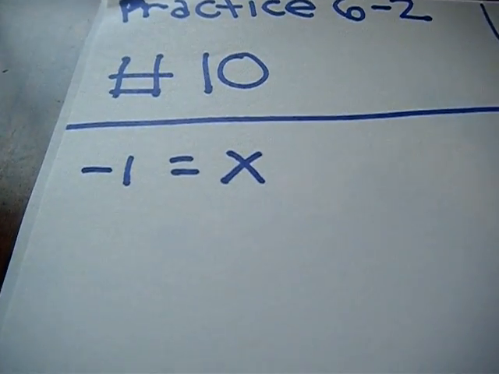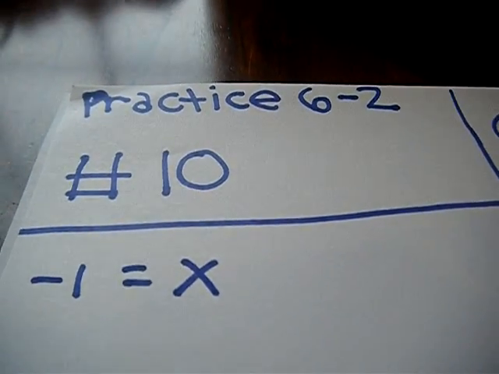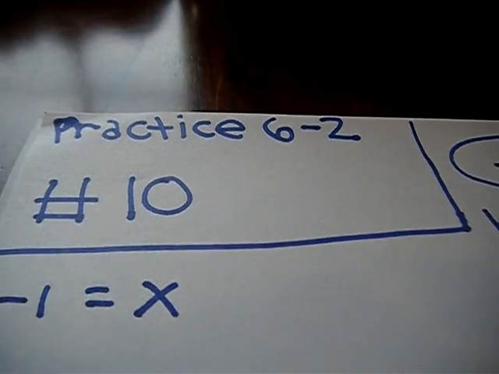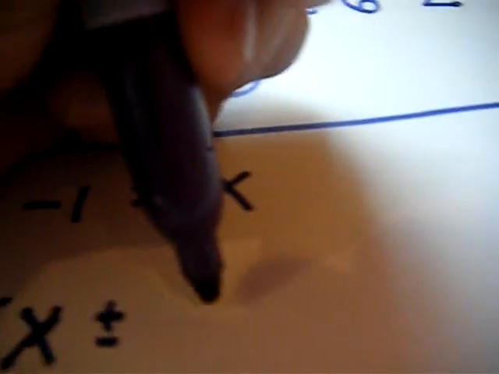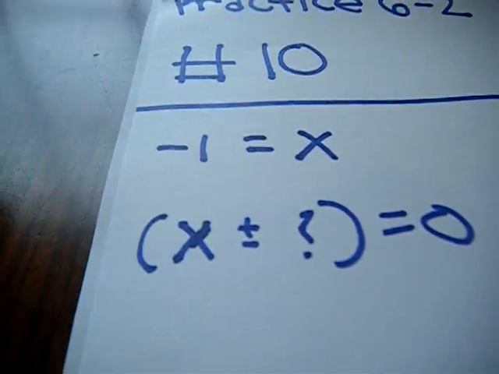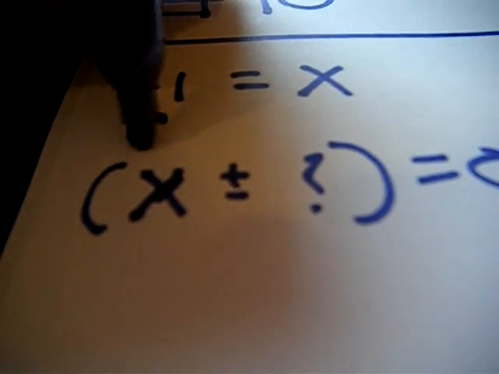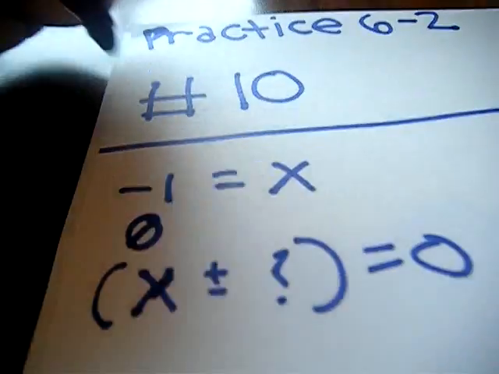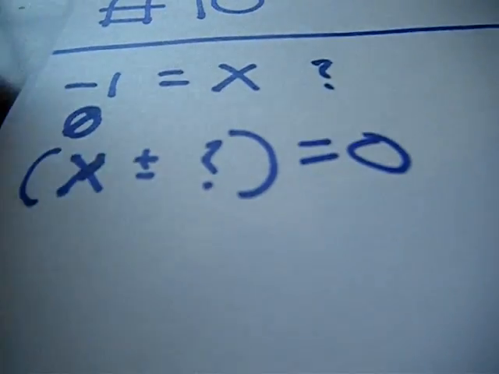So to get this equation in the form x plus or minus a number equals 0, you need to get this side to be 0 and this side to have the variable.